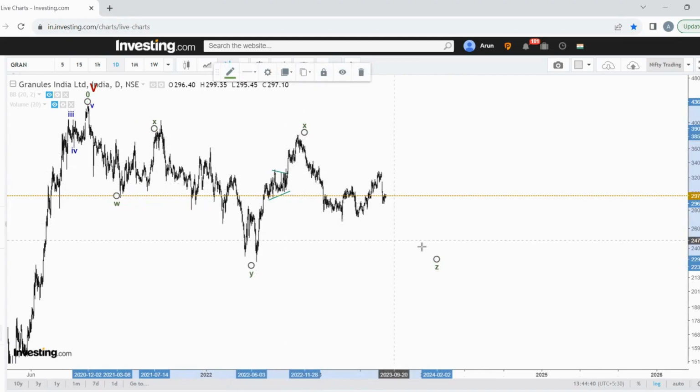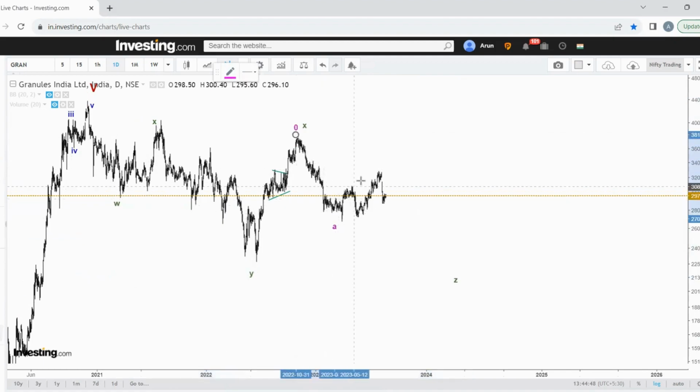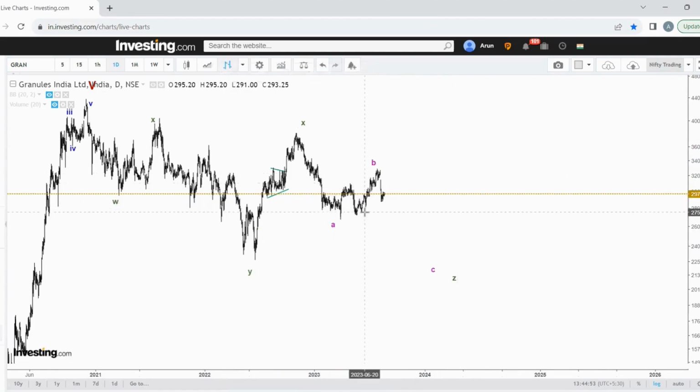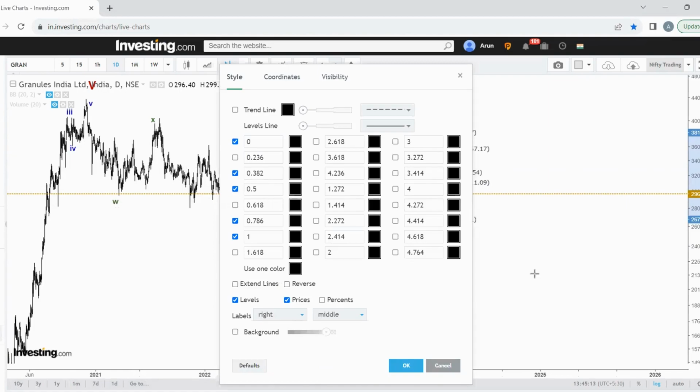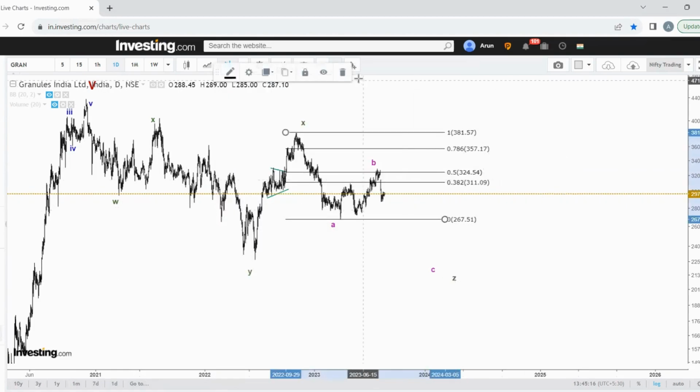And if it is A, in this Z wave, if it is A, B, and C, because I can see only again 3 waves. If it is an impulse, this drop, this correction should not come below this point. So if it is A, B, C, it reached 50% exactly.